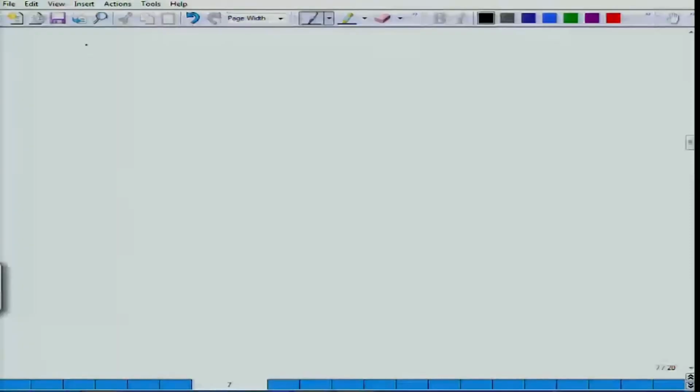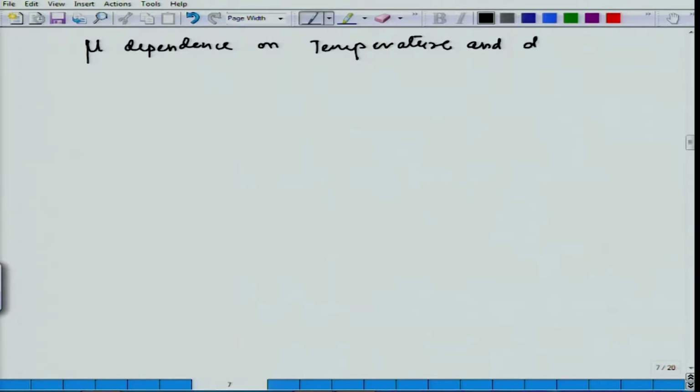So, how does the mobility, which is our new property which describes the drift, depend on temperature and dopant concentration?